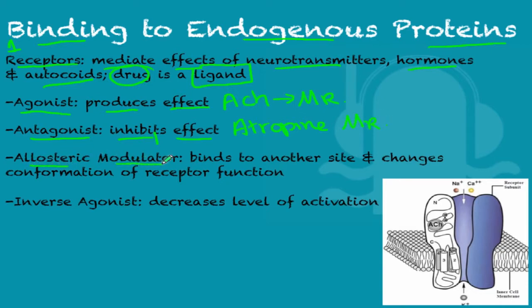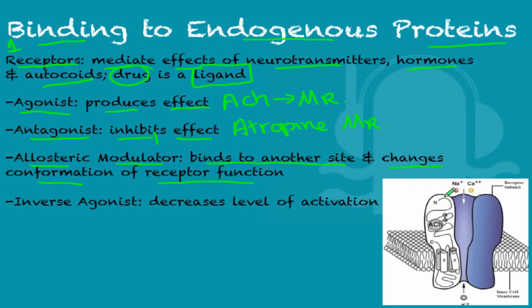Allosteric modulators, which bind to another site and change the conformation of receptor function. For example, benzodiazepines, they modulate the chloride GABA-gated channels.